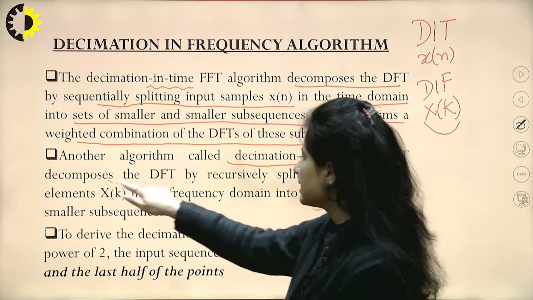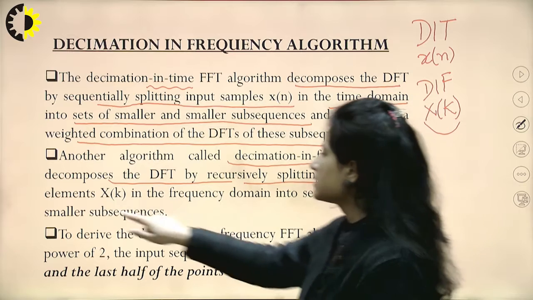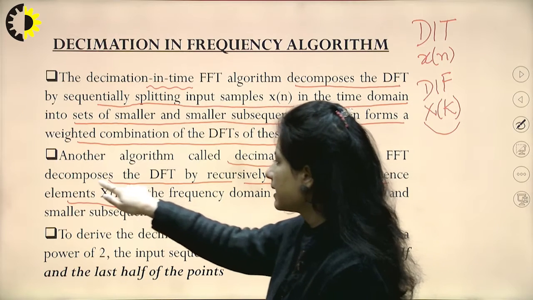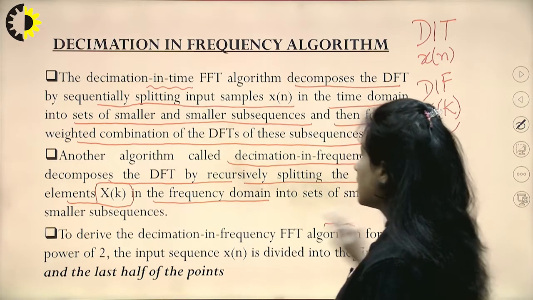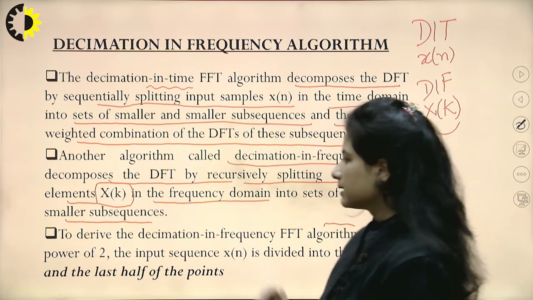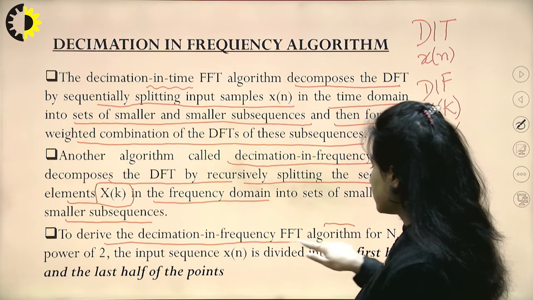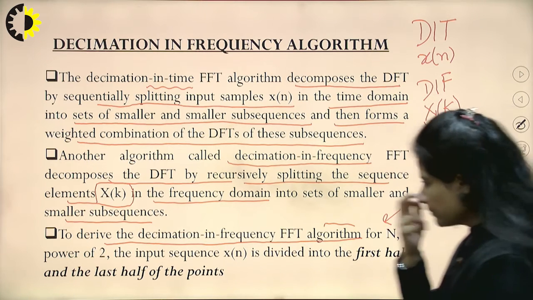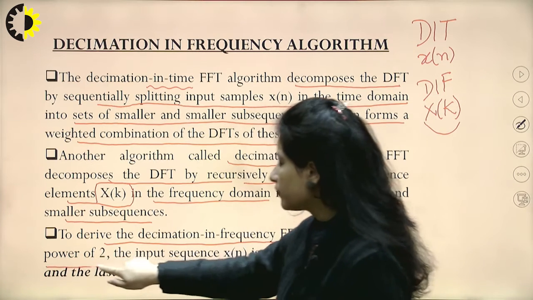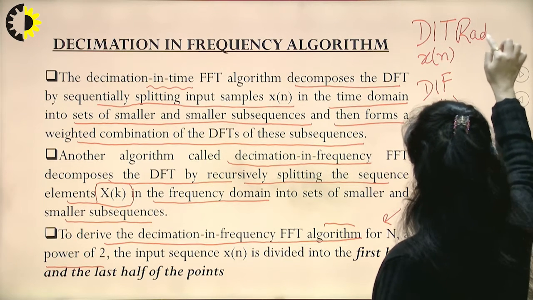It also decomposes the DFT by recursively splitting the sequence of the element, that is X[k], in the frequency domain into a set of smaller and smaller subsequences. So to derive the decimation in frequency FFT algorithm, if I have total number of samples N and I am taking the power of 2, that means again I am talking about another algorithm in radix 2.